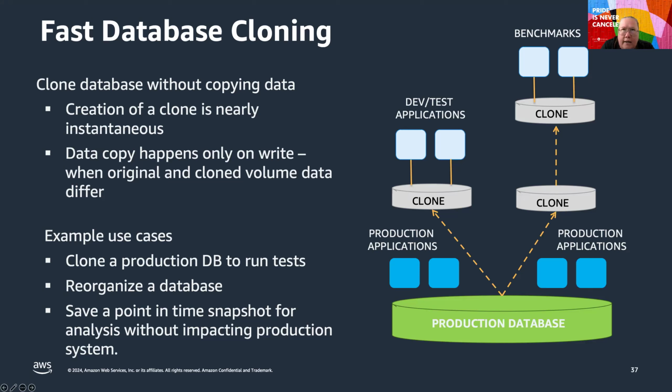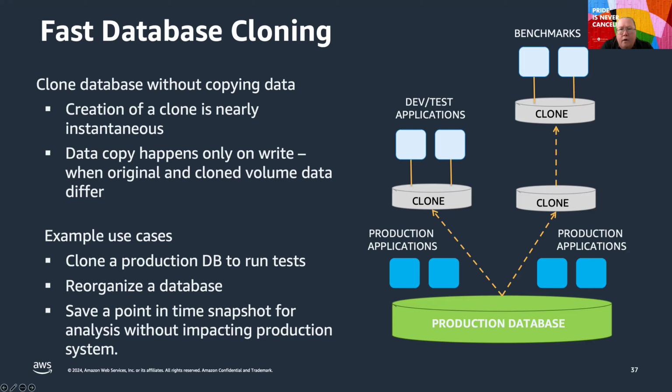Let's say that you would like to try something workload intensive, that would cause an impact on your primary database or your non-clone database, doing analytical queries. So those could be use cases for using cloning. And this is also specific to Amazon Aurora.